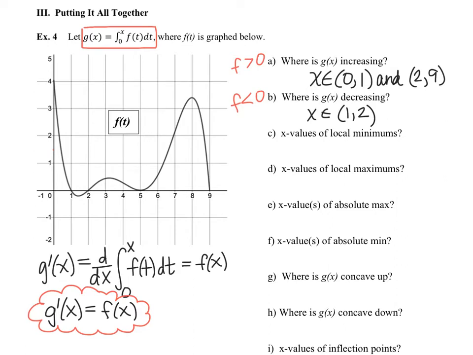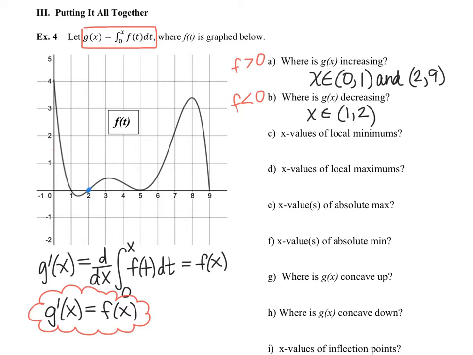But since g prime is actually function f, it's like asking where will this graph of f change from negative to positive? In other words, where do the y values change from negative below the x-axis to positive, which would be above the x-axis? And that's going to happen here at x equals 2.